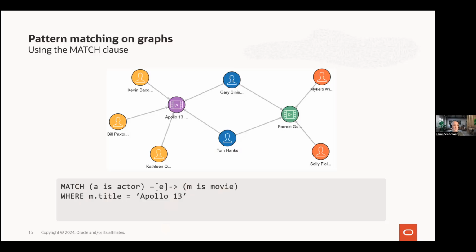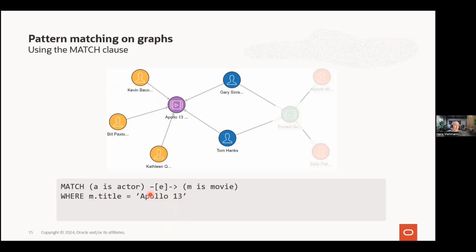What does that give us? That gives us all of these patterns. This is essentially 5 patterns of actor, edge, movie, with the additional predicate that the movie is Apollo 13.